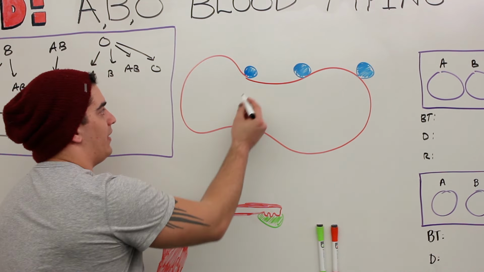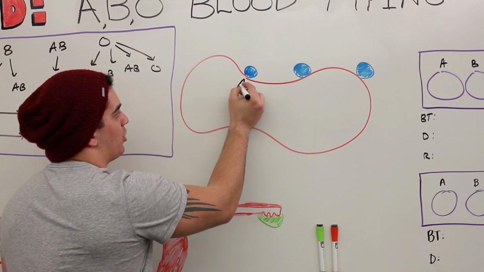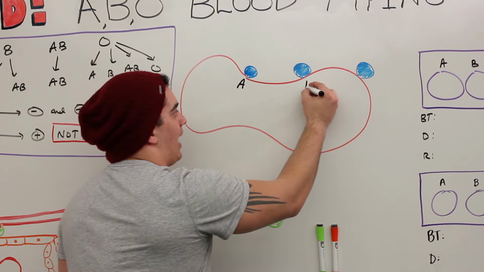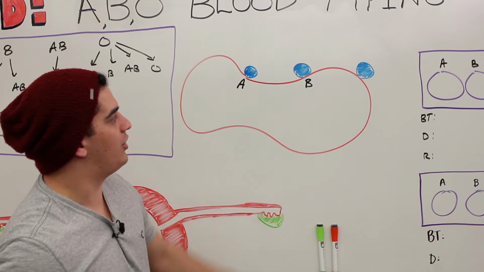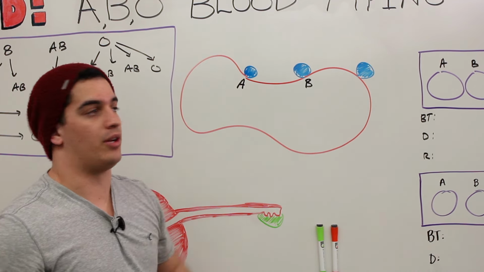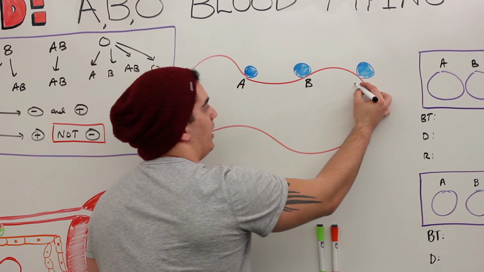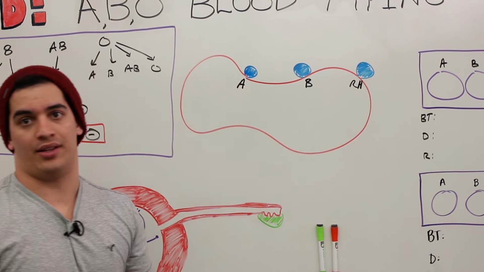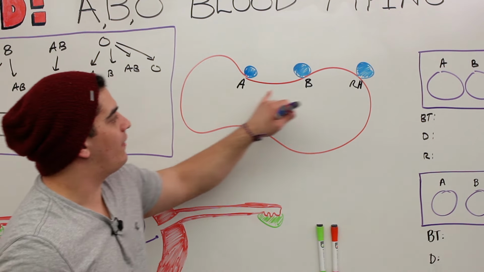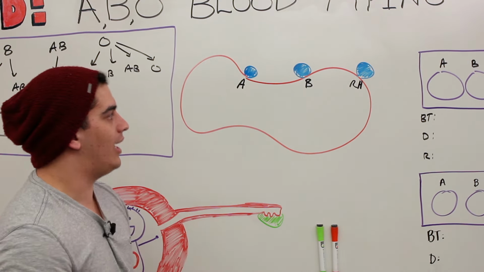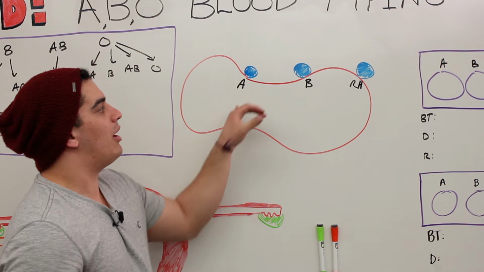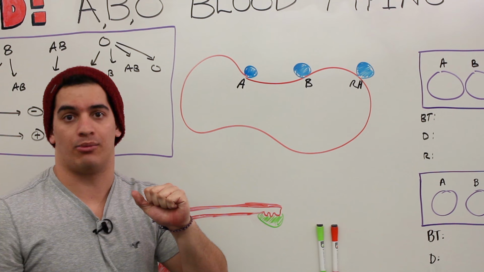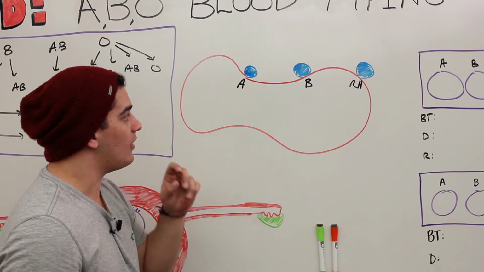There's a specific gene that activates a specific surface marker for the A antigen, and another gene that activates a specific surface antigen for B, so that's your B antigen. And there's another one that can be transcribed and translated to make another antigen, and that is the Rh antigen. All of these are different types of antigens to let your immune system know this is my blood type, and anything different from this could possibly be incompatible. We'll go over that.